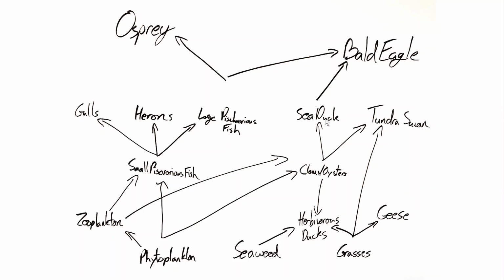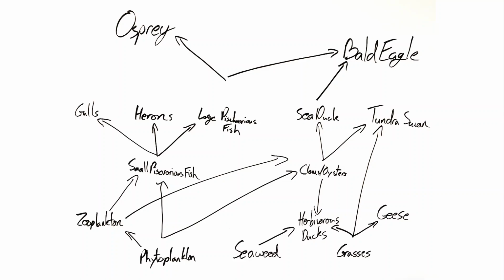Sea ducks and tundra swans also eat the clams and oysters. Sea ducks are eaten by bald eagles. Large piscivorous fish are eaten by bald eagles or osprey, but herons and gulls also don't have any predators on this map.